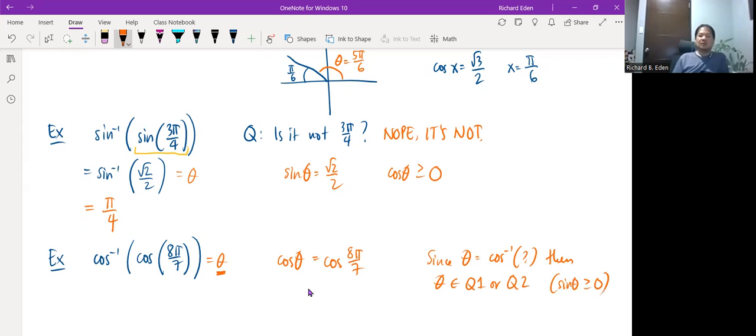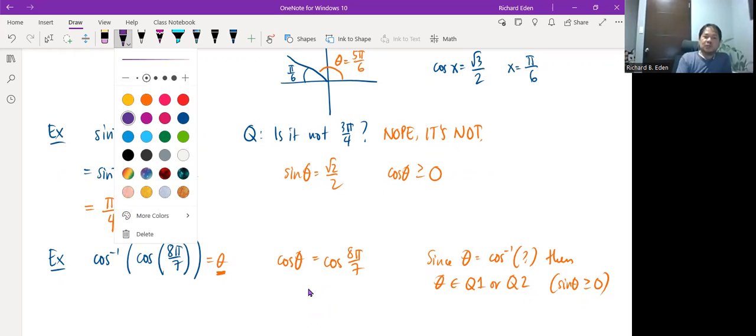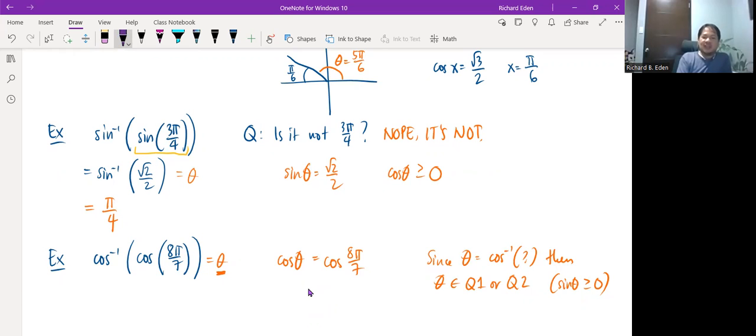Okay. Now, let's decide, is theta between quadrants 1 or 2? Can we decide, is it in the first or is it in the second quadrant? Well, we should, because cosine theta is the cosine of 8 pi over 7.